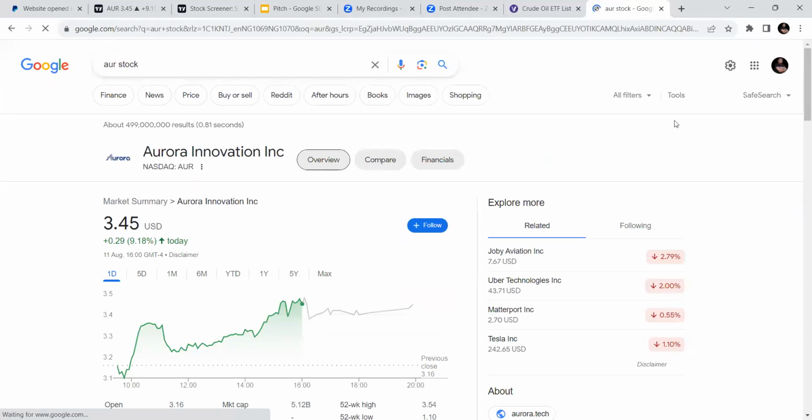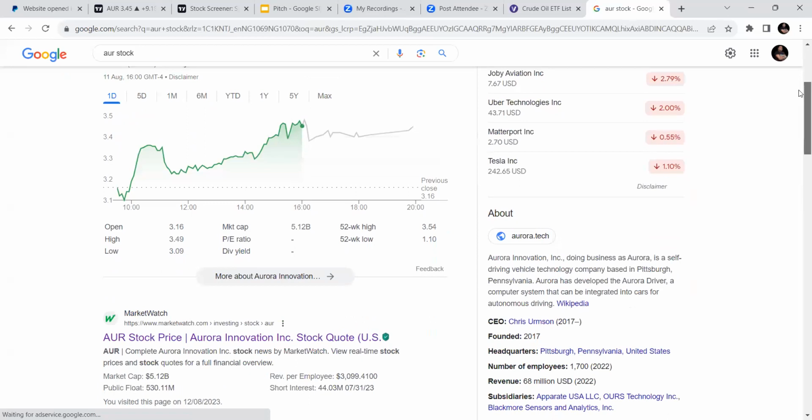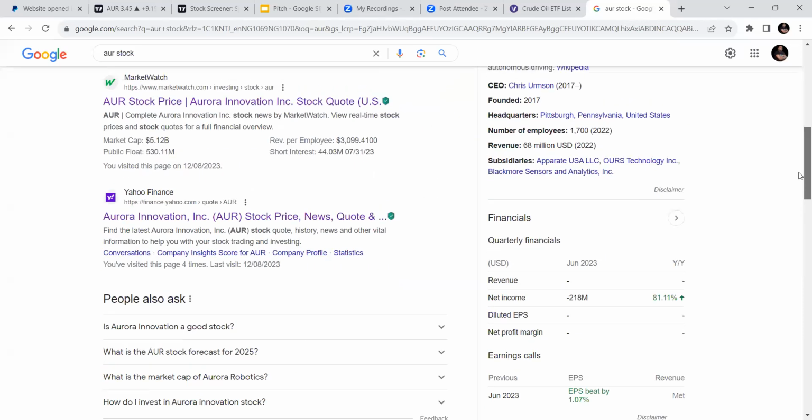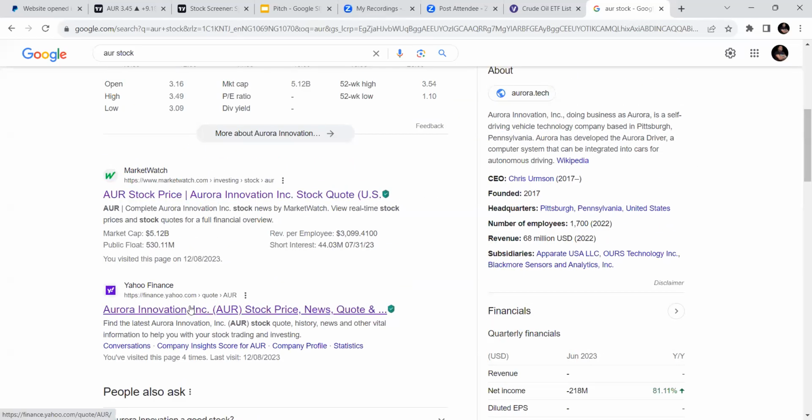In the US, they were talking about the scarcity of truck drivers. So look at AUR. AUR is a self-driving vehicle technology company based in Pittsburgh. Look at it here. AUR has developed the Aurora Driver, a computer system that can be integrated into cars for autonomous driving.